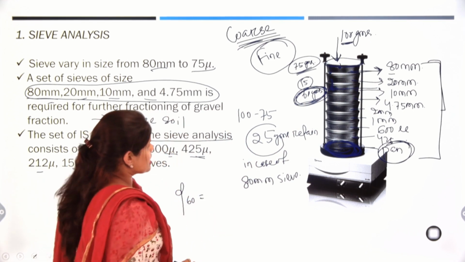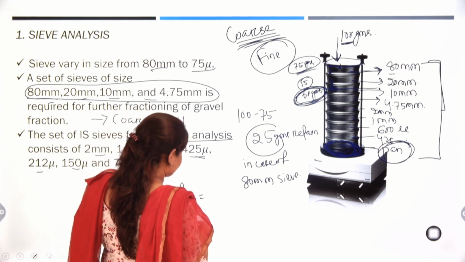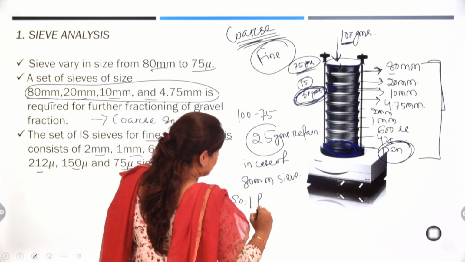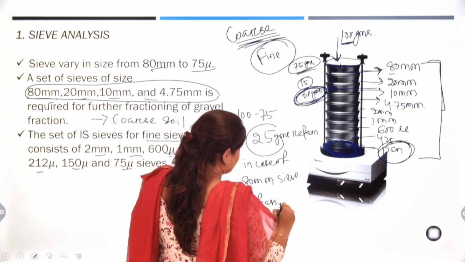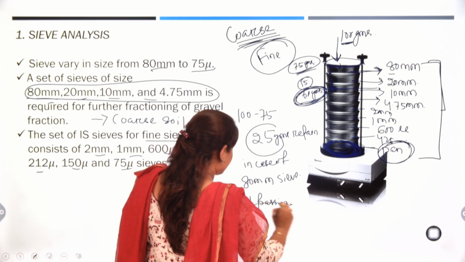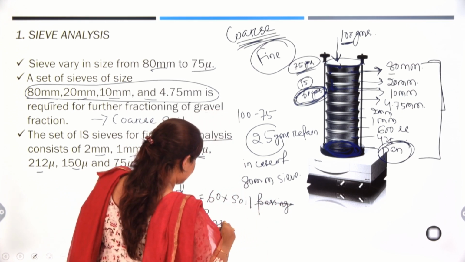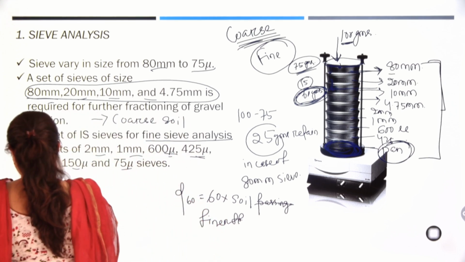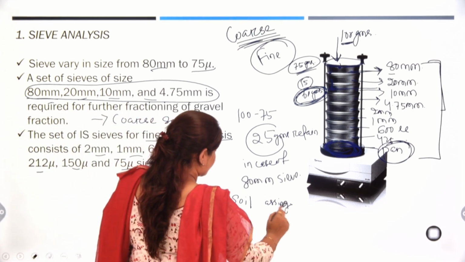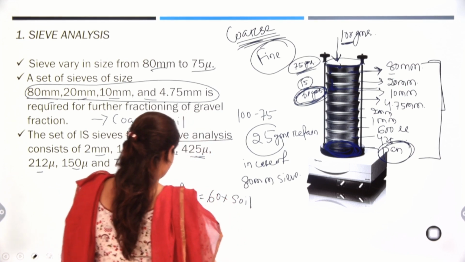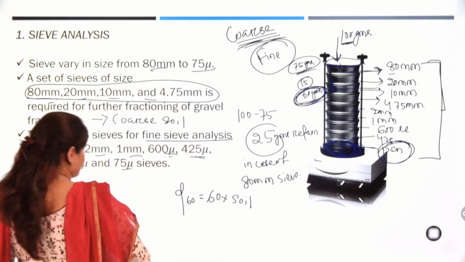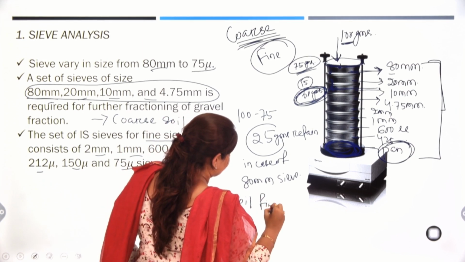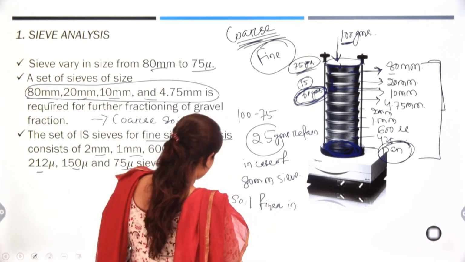So D60 will be termed as 60% of soil finer, in which sieve?